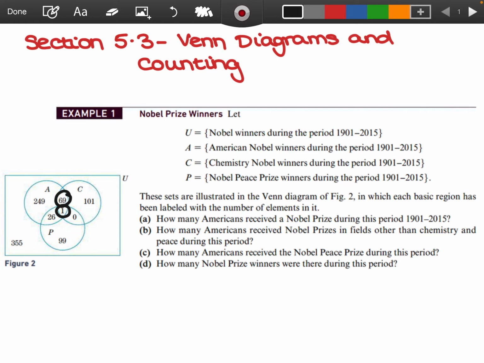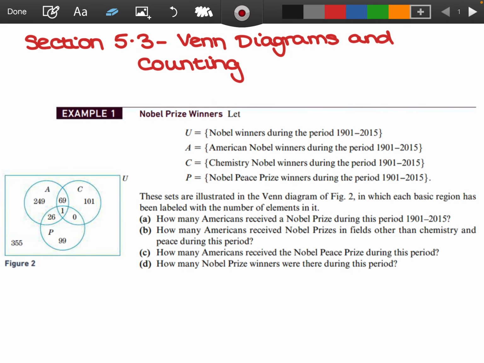So the number of people that were American and won the chemistry Nobel Prize would actually be 70, because there is that additional person that also won the Nobel Peace Prize and was American. Okay, so we have to really study these and see what that intersection between these different sets would be in order to pull out the information.